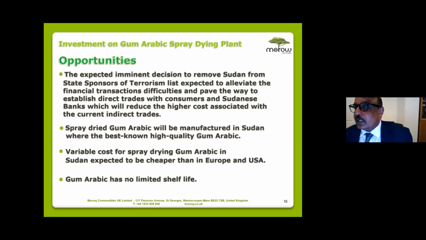So instead of just classifying this as low grade, fine, or dust material and throwing it away or selling it cheap, we can transform this byproduct into a good spray dried product, and the return will be high as well.